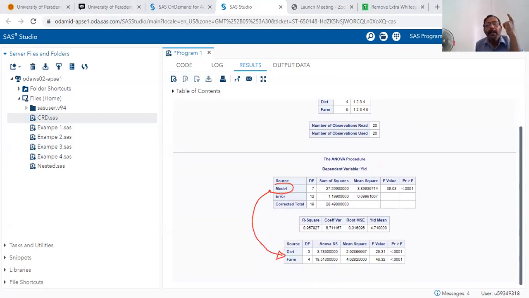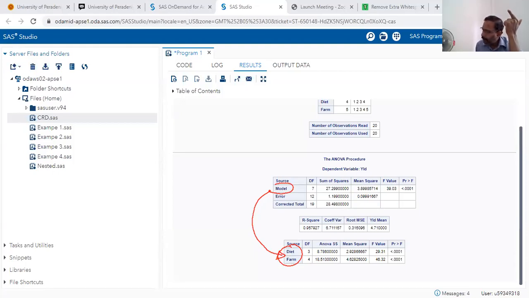What are the components that we have entered in the model? Diet and farm. So you see diet and farm are included in the model.